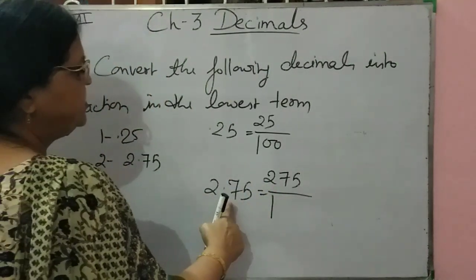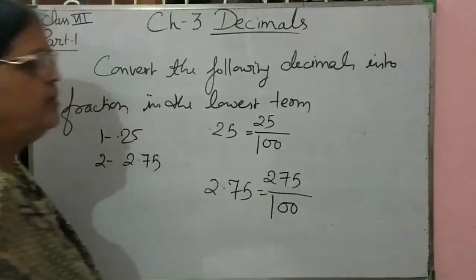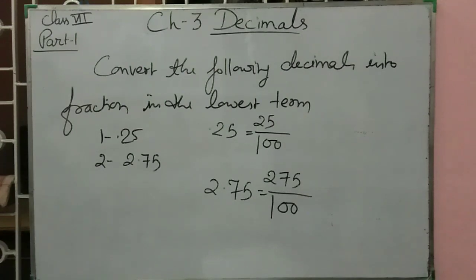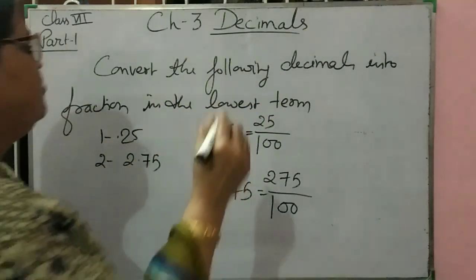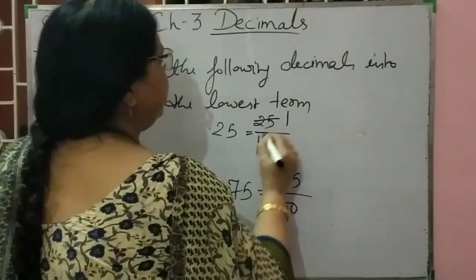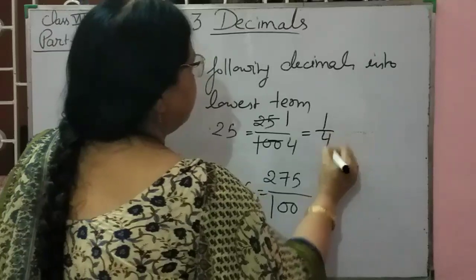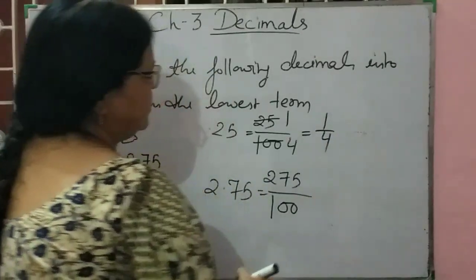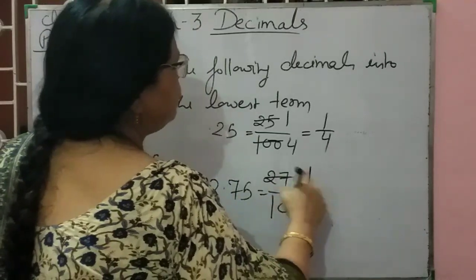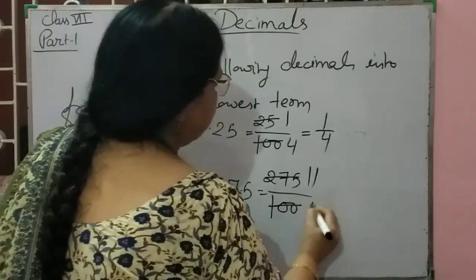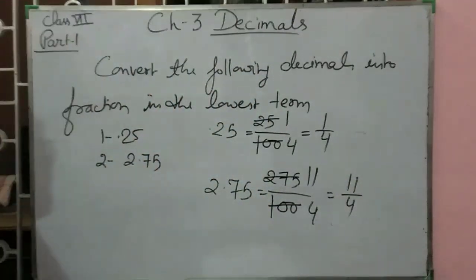After this, how many digits? 1, 2, 2 zeros. You will put here 2 zeros. Now next one, in the lowest term, 25 ones are 25, 25 fours are equal to 1 by 4. In this, 25 ones are 25 to 1 equal to 11 by 4.